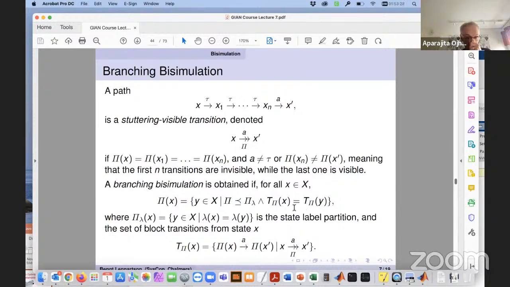But there is one difference, and that is that the block transitions are defined in a slightly different way. Namely, instead of having an ordinary transition x A to x prime, we have this extended stuttering visible transition. And this magical change immediately gives us the branching bisimulation.